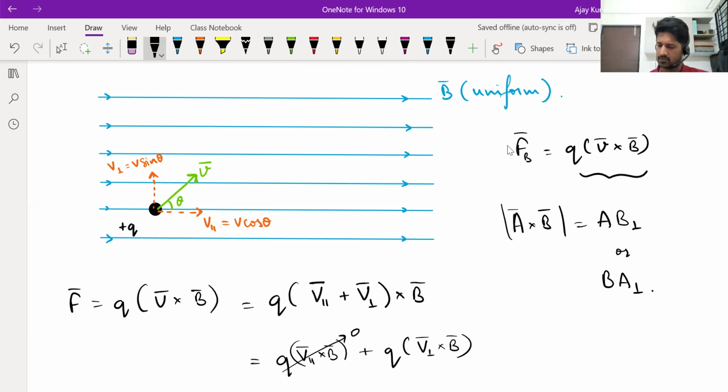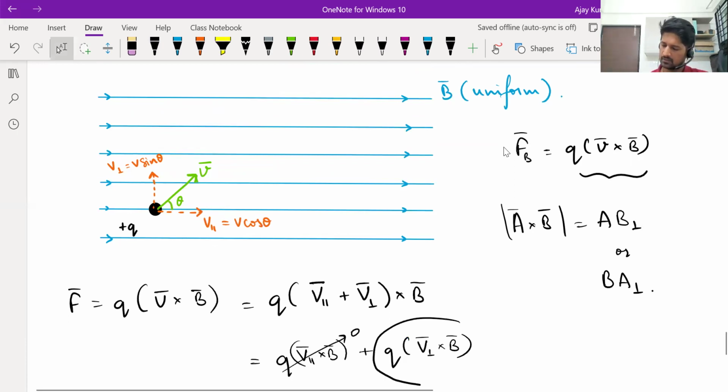Their cross product becomes 0. So the net force acting on the charge due to the magnetic field is only Q V perpendicular cross B, and its direction will be in the direction of V perpendicular cross B.